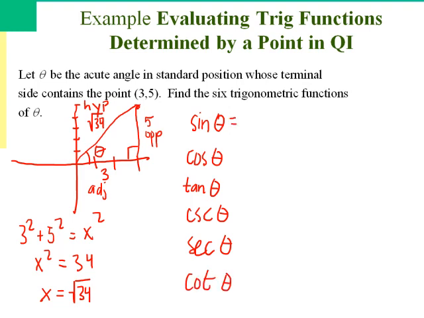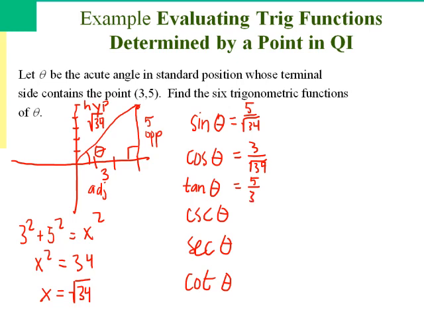Sine is opposite over hypotenuse. Cosine is adjacent over hypotenuse. And tangent is opposite over adjacent.